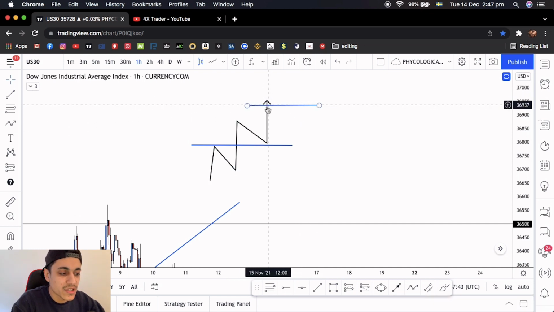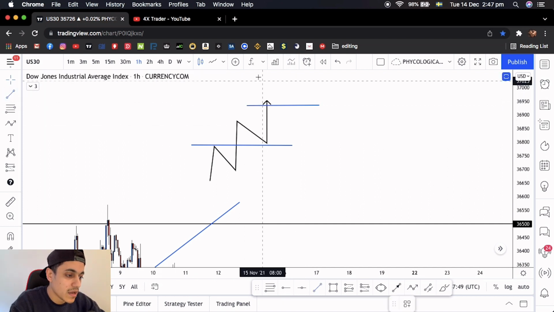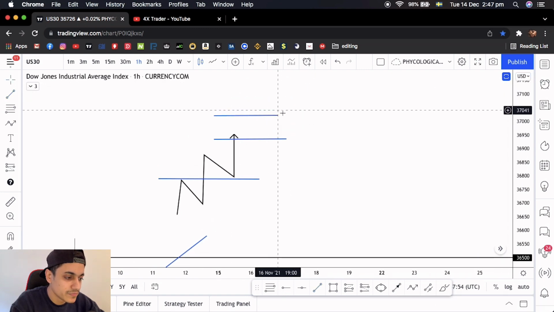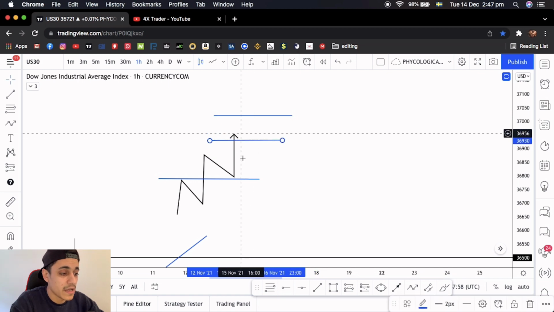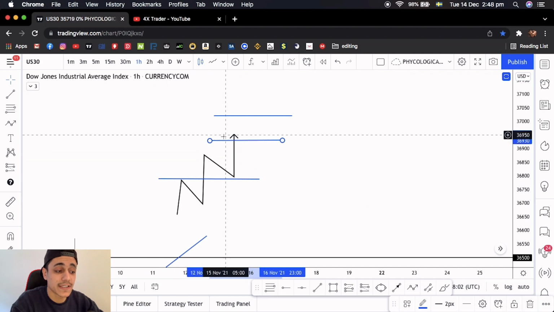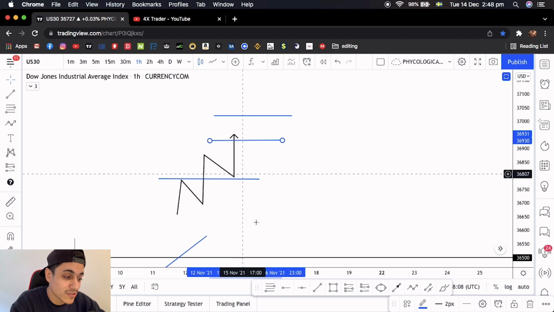Just because it reached there doesn't mean now you must take a buy into the next round number, which would be up here. In whatever market you're trading, let's say the price has reached there. If you understand market structure, after a new high, the market must come down and form a higher low. So you can't just jump into a buy right there.